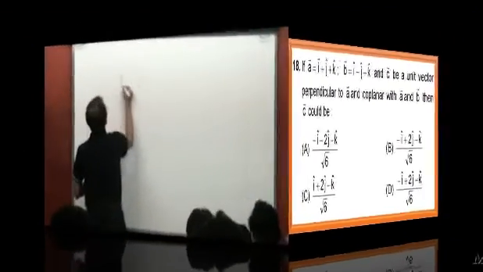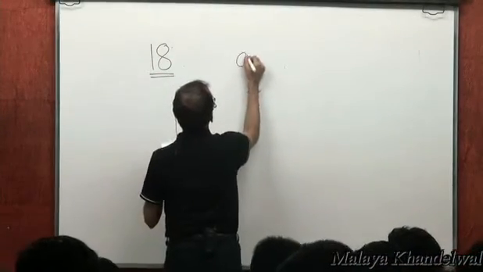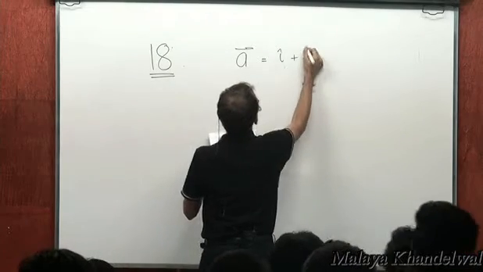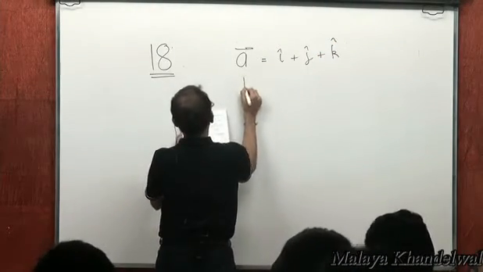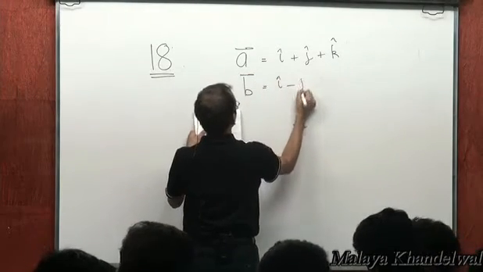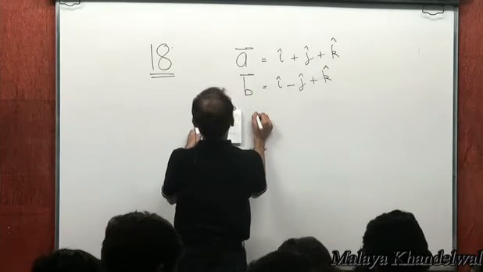In problem 18, they give you a vector A, which is i plus j plus k, a vector B, which is i cap minus j cap plus k cap, right?